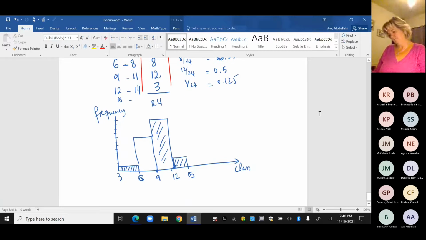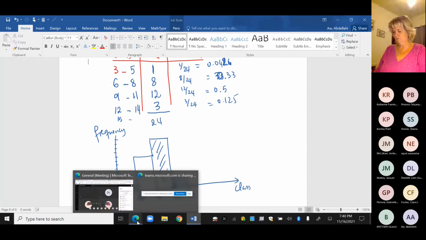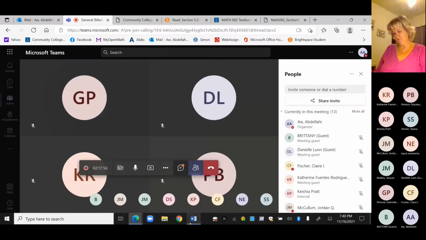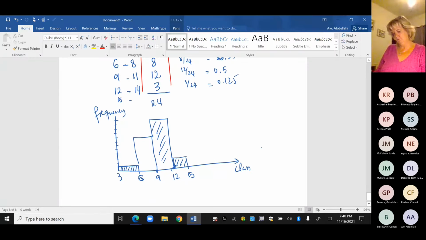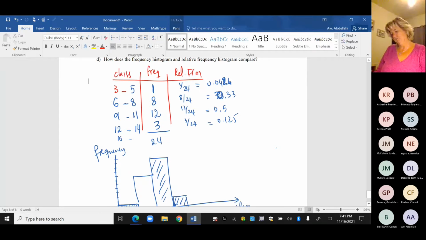Now, if you want to use the relative frequencies, it's the same thing. Basically, what is going to change between the histogram for frequencies and the histogram for relative frequencies? What is going to change?